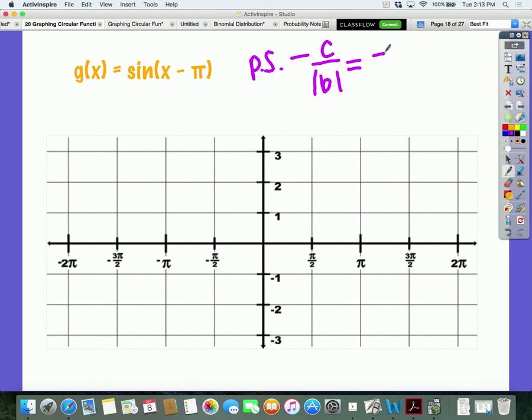Careful. C is a negative pi. And B is the number in front of x, which is 1. Two negatives make a positive. So I'm going to add pi to every single x value from the side of my sine function.